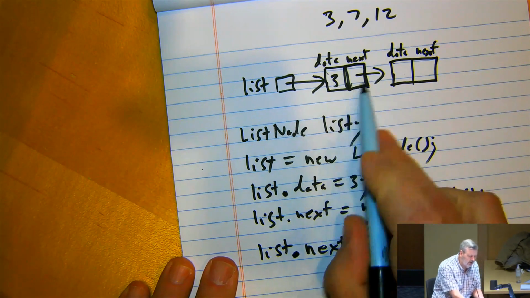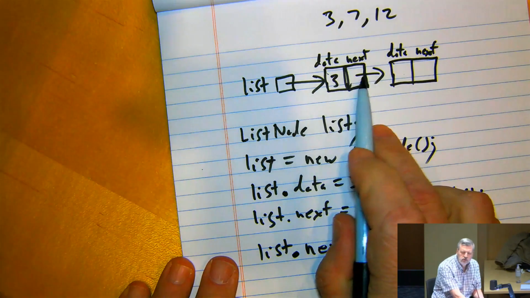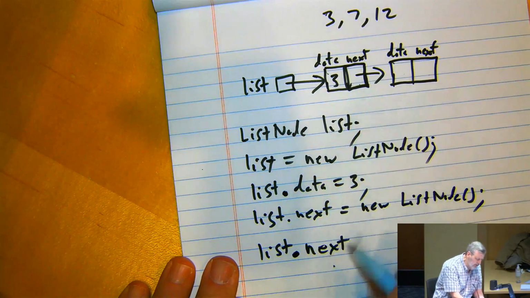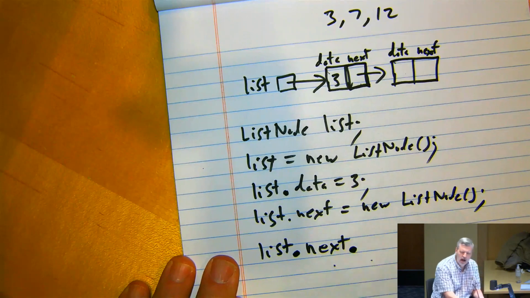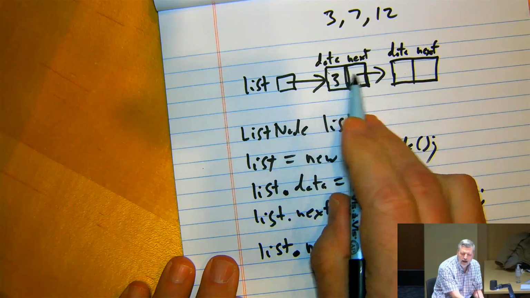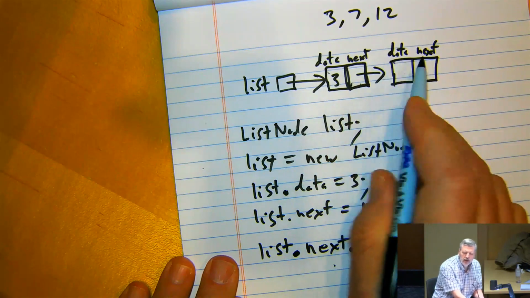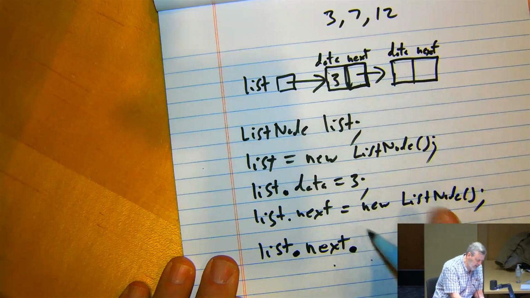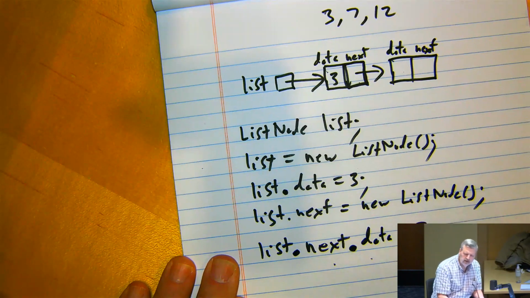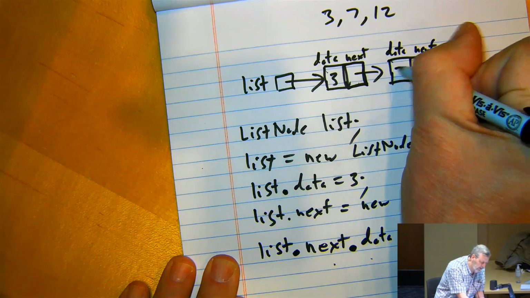So list.next is this box right here, and it stores a reference, an arrow, so I can dereference it with a dot. List.next dot is the way of going inside of this right here. And which field am I interested in here? I'm interested in the data field. List.next.data, I want to set to be a 7. So that puts a 7 right here.